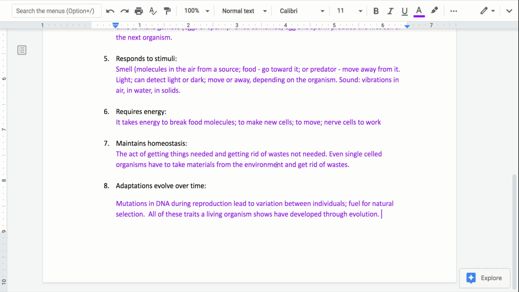Maintaining homeostasis, getting rid of waste products that are produced by releasing energy, for example, or building new cell parts, and taking in the necessary materials to do those things. And then lastly, all of these characteristics have evolved over time through that process of the DNA being passed from generation to generation, picking up mutations along the line, and natural selection selecting for beneficial mutations. All right.